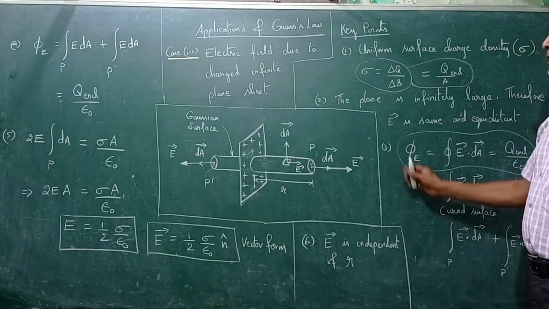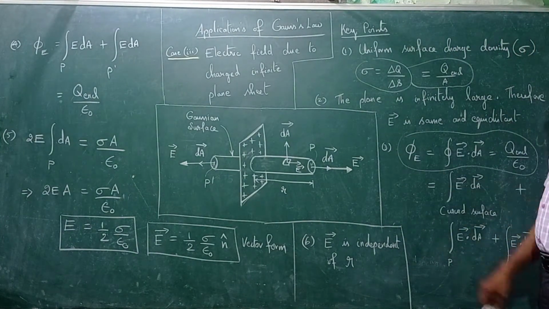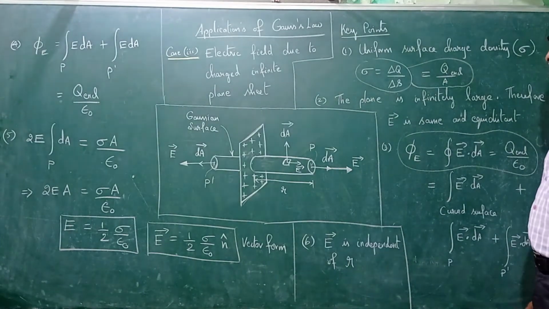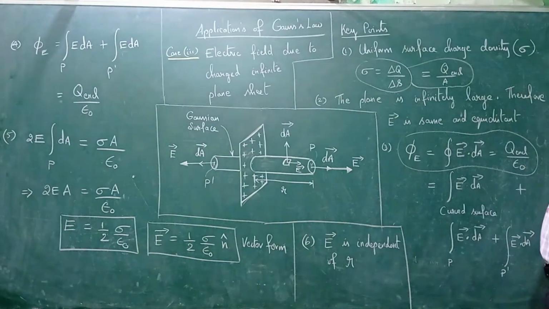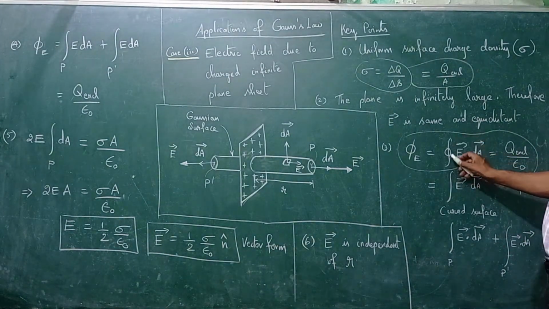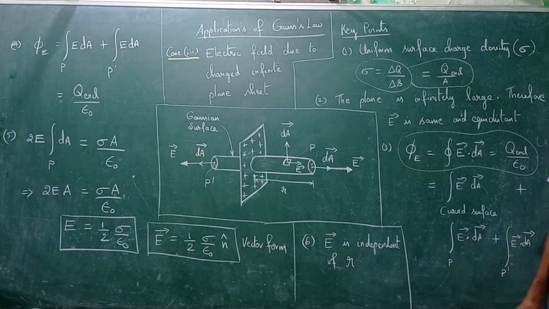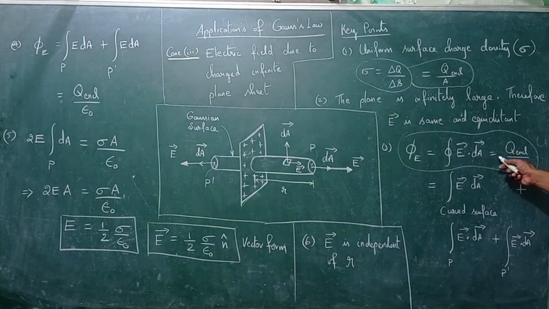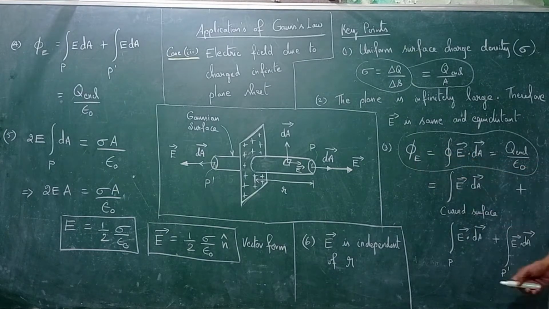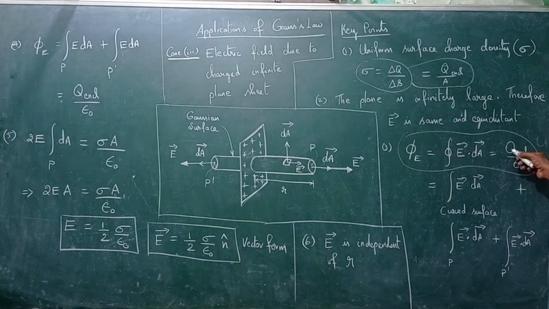The third point is we have to see the total electric flux for this Gaussian surface. That is the closed integral E vector dot dA, and by Gauss law we know that this total electric flux is equal to the charge enclosed divided by epsilon naught.